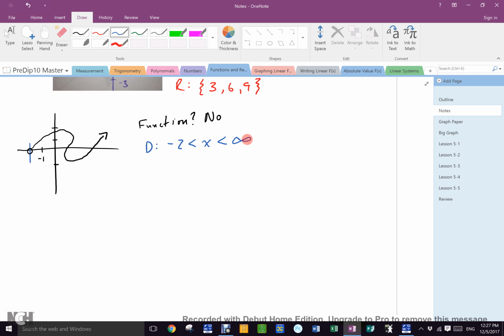Okay, so how could I write this in this type of notation, set notation, with no infinity symbol? Byron has an answer, but it's better for interval notation. Can anybody figure out a way to write this? This is where it starts, right?